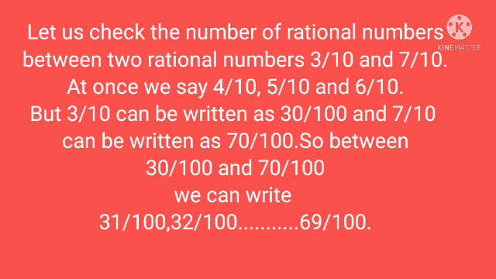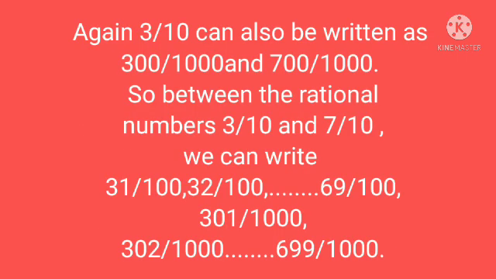So which rational numbers come in between? 31 by 100, 32 by 100, etc., up to 69 by 100, isn't it? Again we can write 3 by 10 as 300 by 1000 and 7 by 10 as 700 by 1000. So we can write 301 by 1000, 302 by 1000, up to 699 by 1000 in between 3 by 10 and 7 by 10.